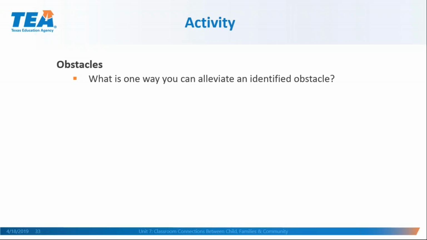We started with that conversation at the beginning of this webinar, but I think sometimes we just gloss over obstacles and don't identify them. Here is one obstacle that we have at this school or within this classroom, and think through, is there anything I can do about that obstacle? Sometimes there's not, I'll be honest. But a lot of times there are things that you can do to alleviate that obstacle.